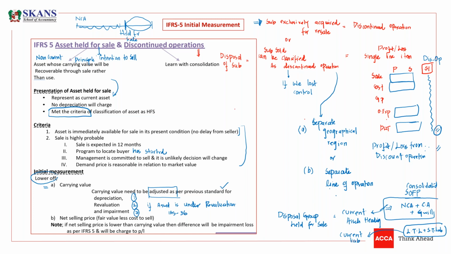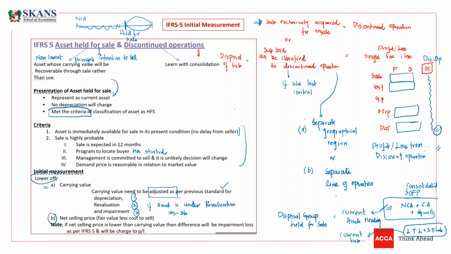So you need to apply these 3 steps on the carrying value of asset before classification. If you want to classify, then you need to adjust the carrying value. First, you need to adjust the carrying value. So we will take carrying value, but the adjusted one, and then the B part is you need to take net selling price, fair value less cost to sell.